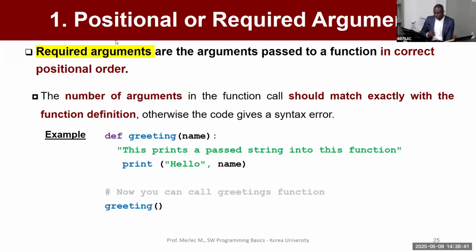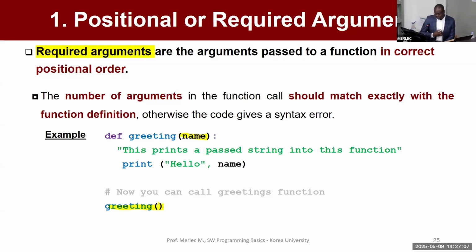Like here, in the previous example, we have the formal parameter defined in the function that will be receiving one parameter, name. But when we call the function, we do not provide any value to be passed as a parameter.